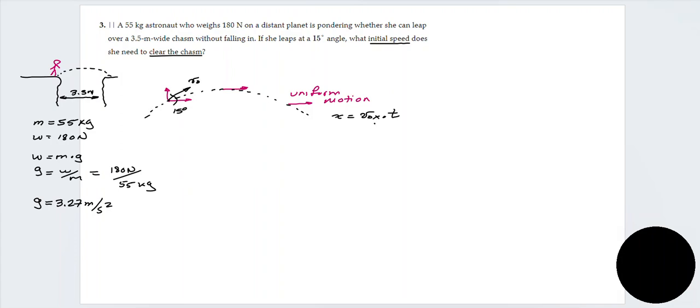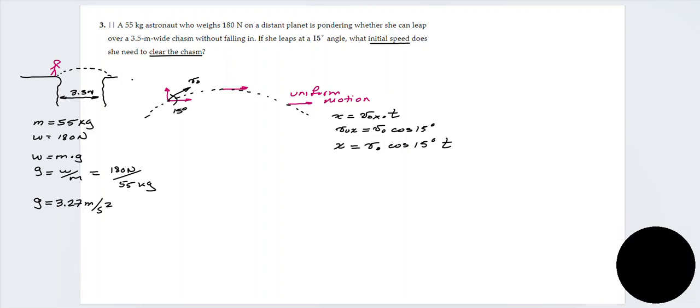So we know now that v sub 0 x would be v sub 0 cosine of the angle, that in this case is cosine of 15 degrees, right? So now we know that x would be v sub 0 cosine of 15 degrees times the time. So we know what x is. x would be the width of the chasm. We don't know what the initial speed must be, and we don't know the time of flight.